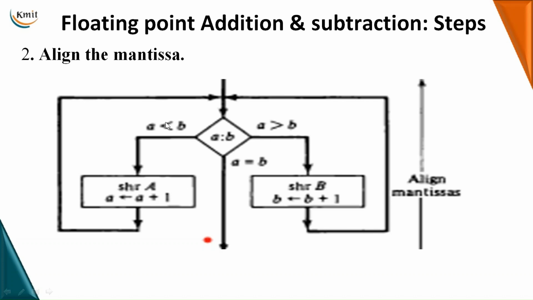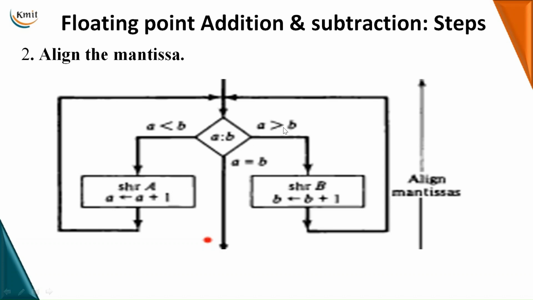If a is less than b, meaning the exponent of AC is less than the exponent of BR, then you perform a shift right operation on the contents of the AC register and increment the exponent a by 1. In this way you can align the mantissa.